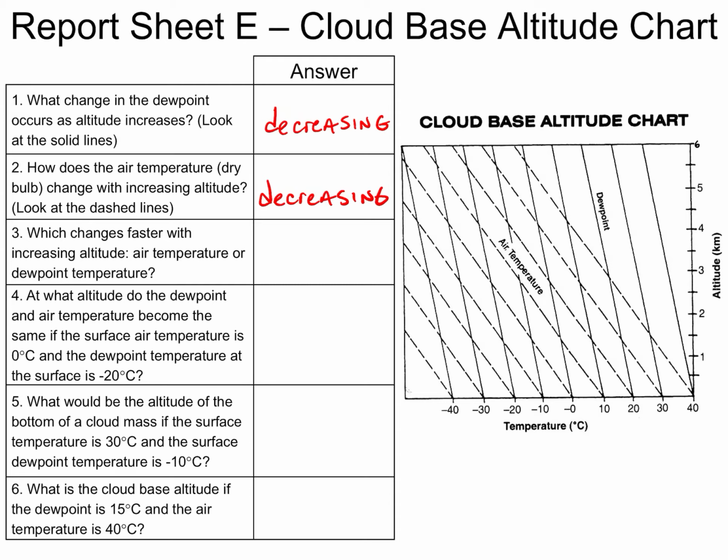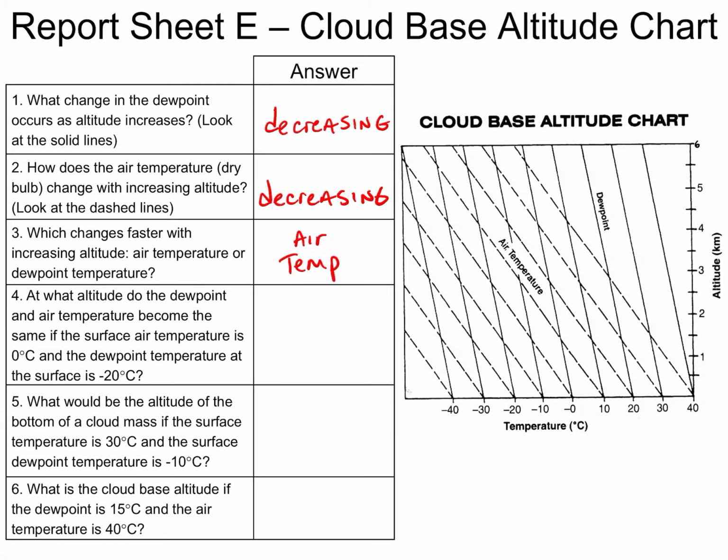Anytime you're looking at line graphs and they're asking which is changing faster, look at the line and see which one is slanted the most. In this case, that would be air temperature. Air temperature changed the most within the same amount of height.